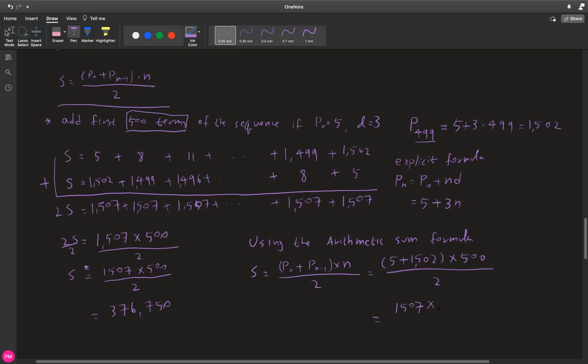So 1507, and you have 500 terms, and you're dividing it by 2. Do we see that this is exactly the same as this? So it's only logical to think that this will output the same value. So it's 376,750. Obviously for a calculation like this, I expect you to use a calculator, but it's easy to see that this method, which clearly shows the correct answer, outputs the same number as this formula. So that's all we needed to see here.